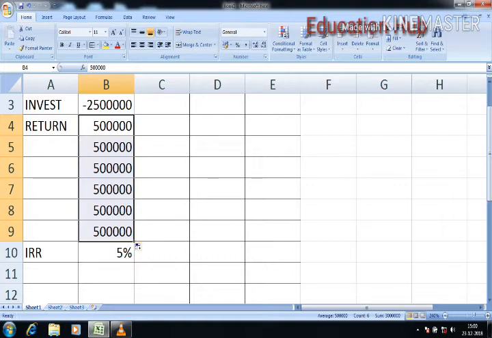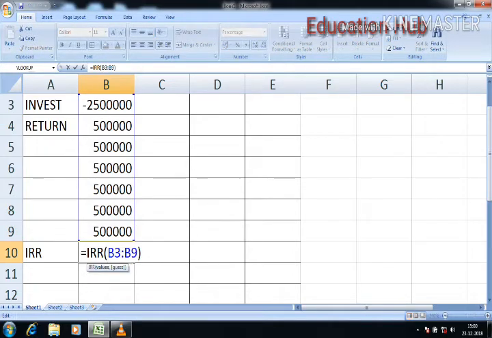I will show you the calculation again. IRR means equal to IRR, then you select all the cells between inflows and outflows. Another way you can calculate it is by going to Formulas. See here, I am selecting the Formulas tab.